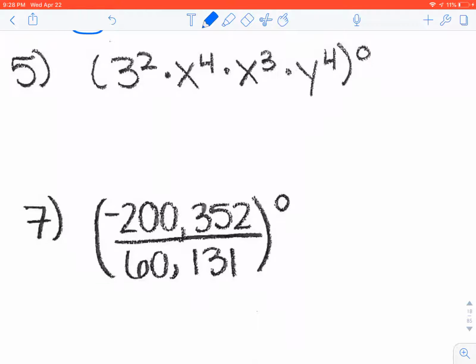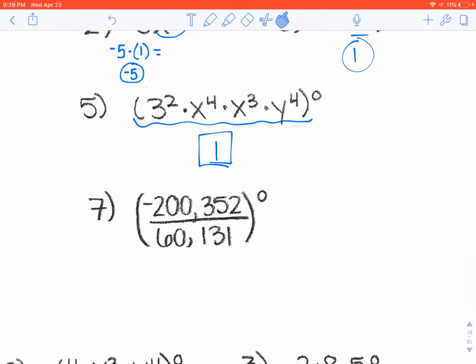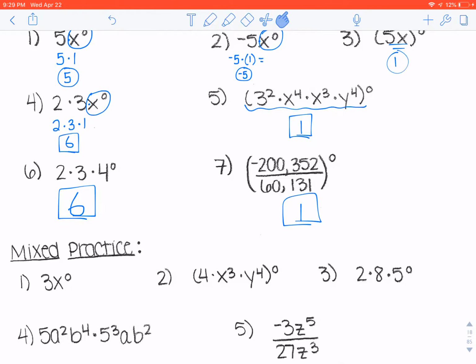You have 3 to the second times x to the fourth times x to the third times y to the fourth. Again, no matter what you have inside parentheses, if it's all raised to the 0 power, the entire term is just 1. Okay, number 6. What is 2 times 3 times 4 to the 0? Okay, I hope you're all telling me 6. Again, that 4 to the 0 changes to 1. Number 7, the entire answer is 1 because that whole term, again, changes to 1.